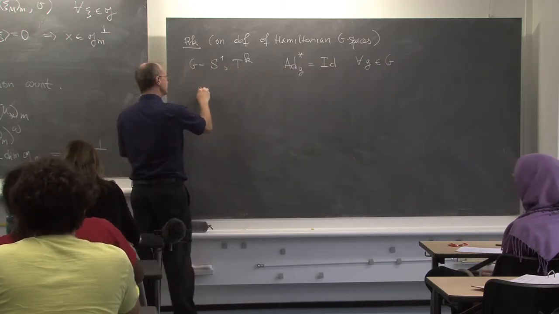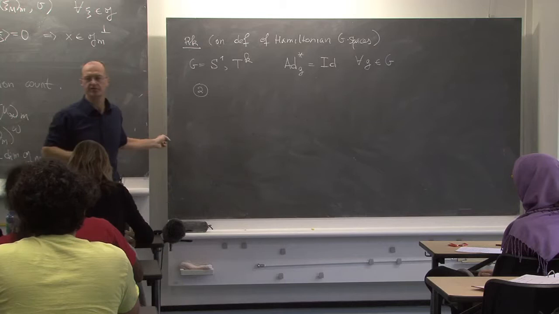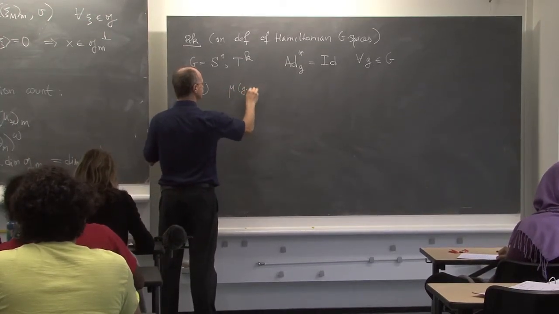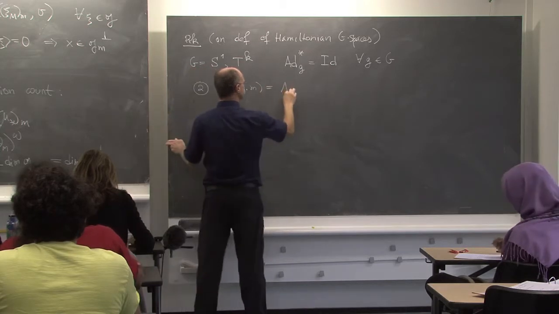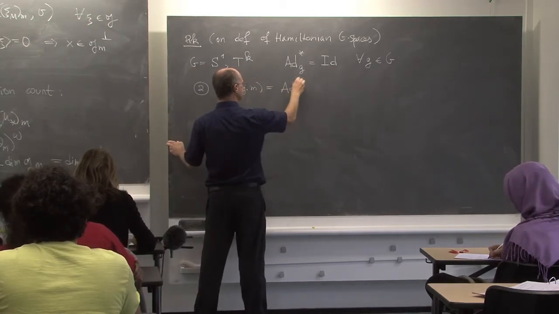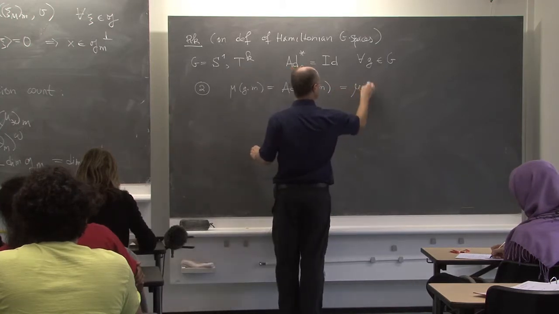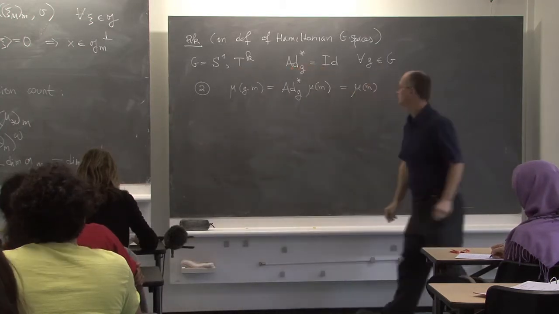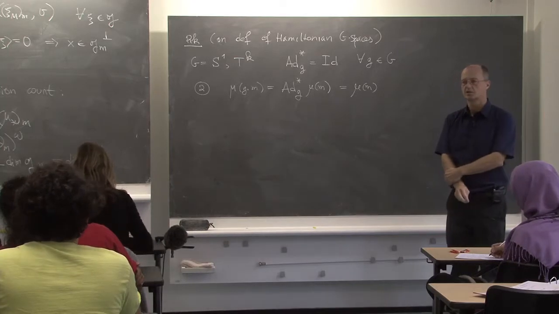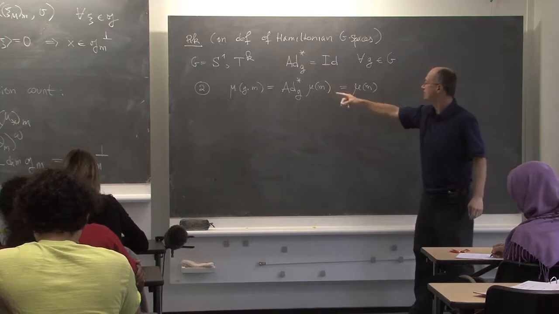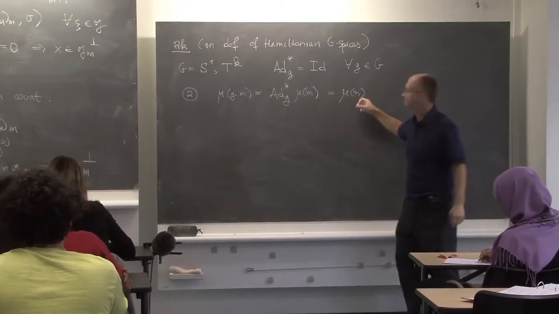So this means that this second equivariance assumption for the moment map now becomes particularly nice. It says mu of g acting on m is simply mu of m.